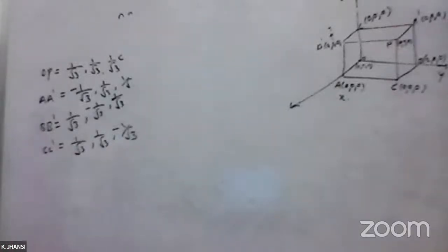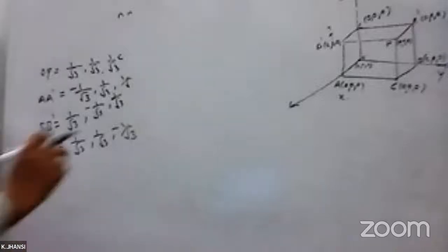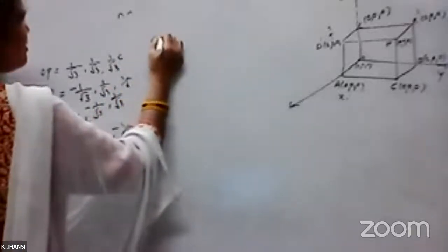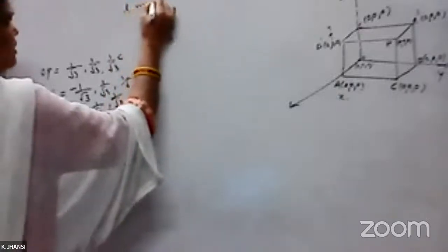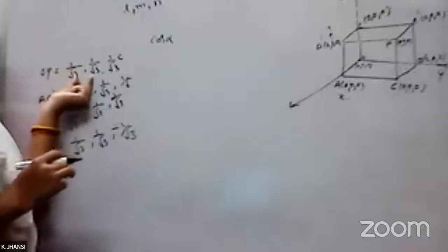When you multiply with them, that is L comma M comma N. Page number 31, you have seen: let L comma M comma N be the direction cosines of the given line, which makes angles alpha, beta, gamma, delta with OP, A dash, BB dash and CC dash respectively. Then we'll get cos alpha. That means whatever the L, M, N direction cosines are, you are multiplying them with this one.